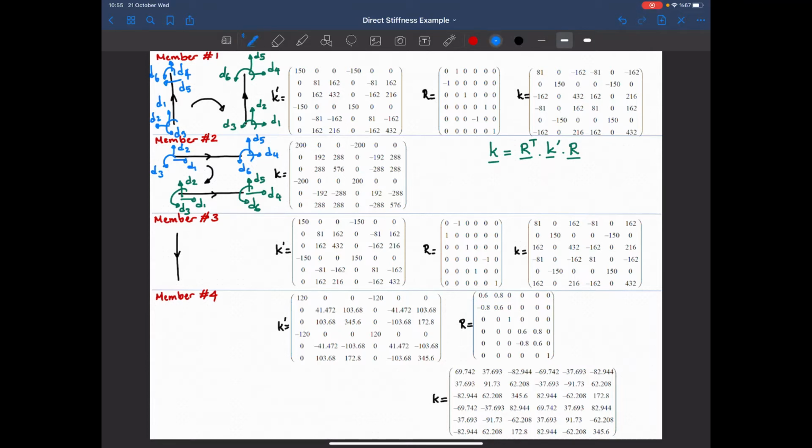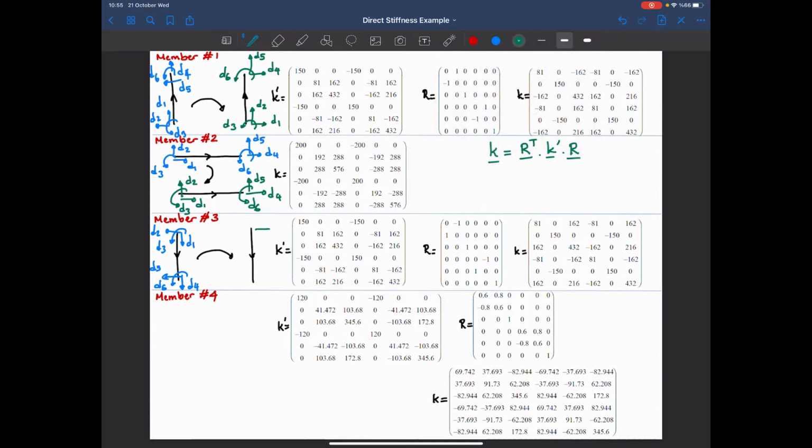Okay, so again, this is D1, then this is D2, that will be in the local y direction, D3, D4, D5, D6. Once I do the transformation, this is again our member. So the degrees of freedom are as follows this time.